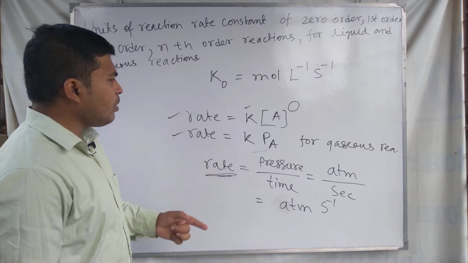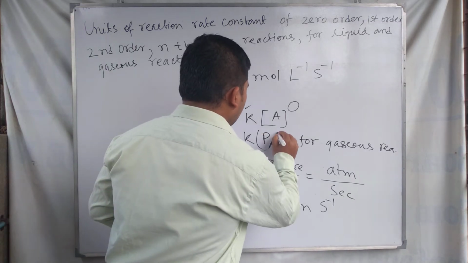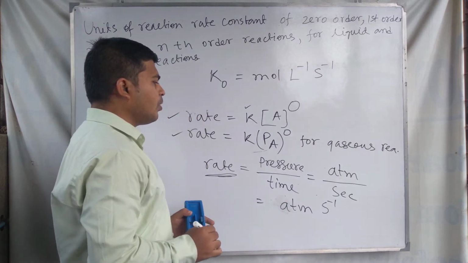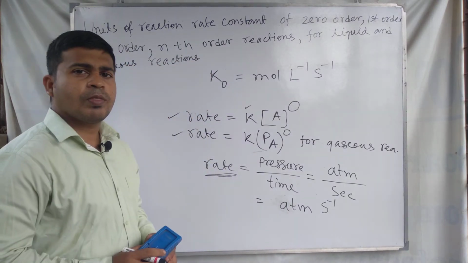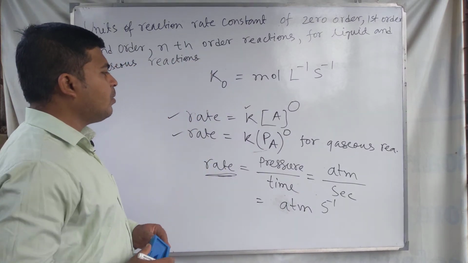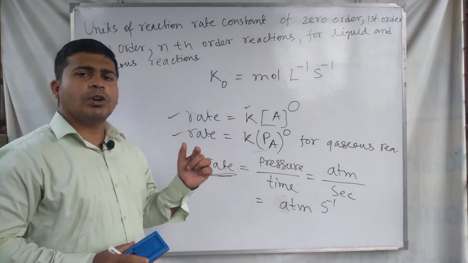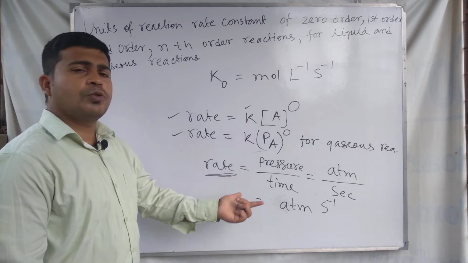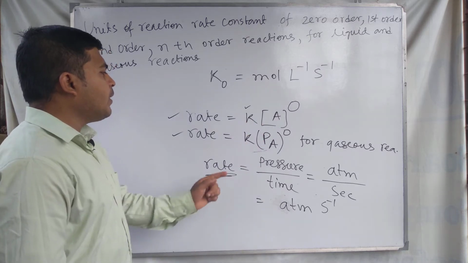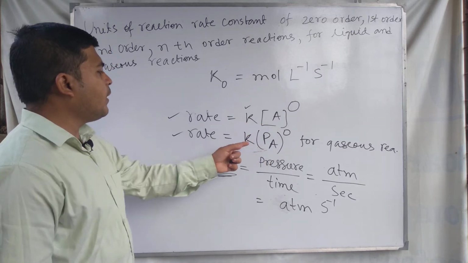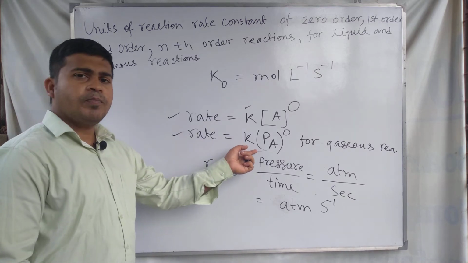to the power 0. Here the partial pressure of A is to the power 0, because the power should be 0. So this should be equal to 1 and rate equal to only k.